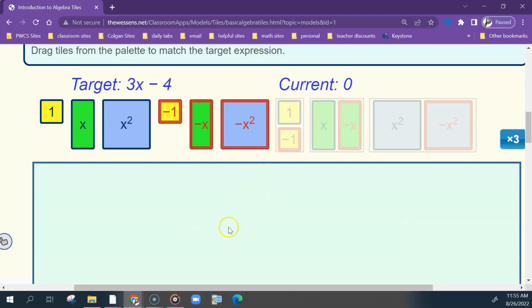And I think this is the last one before we do more complicated. 3x and minus 4. Liam and Lily. Go ahead. 3x squared. These ones? Yeah.